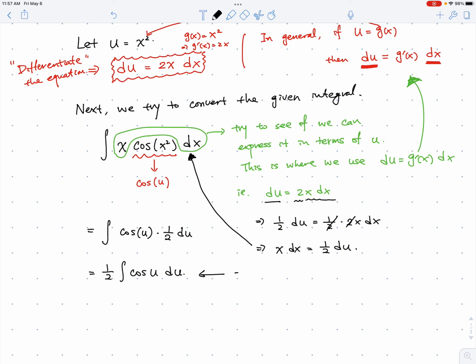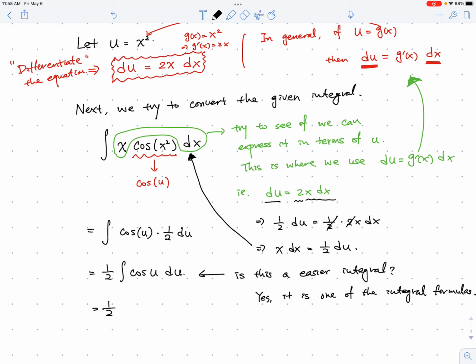Ask yourself, is this an easier integral compared to the original one? I would say yes, because before you had x cosine of x squared, and here you only have a single cosine of u, and it is one of the integral formulas.